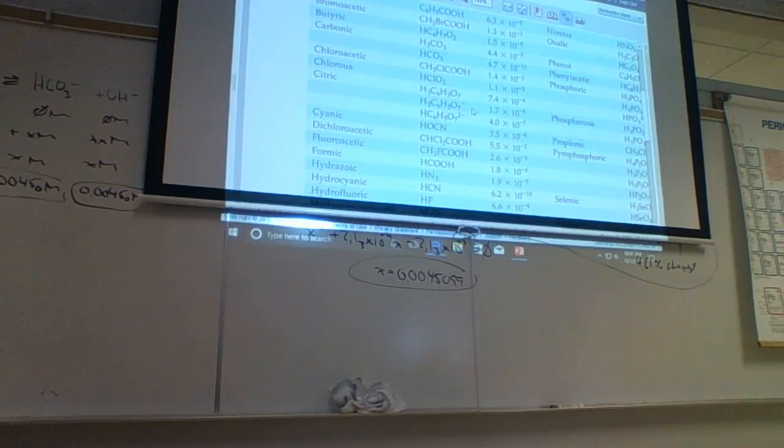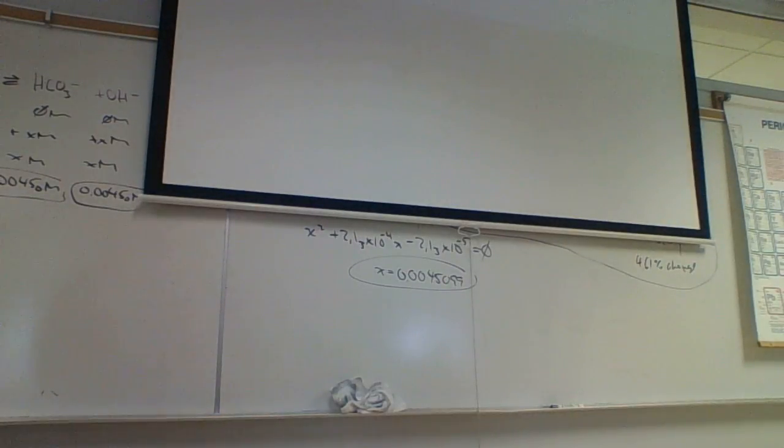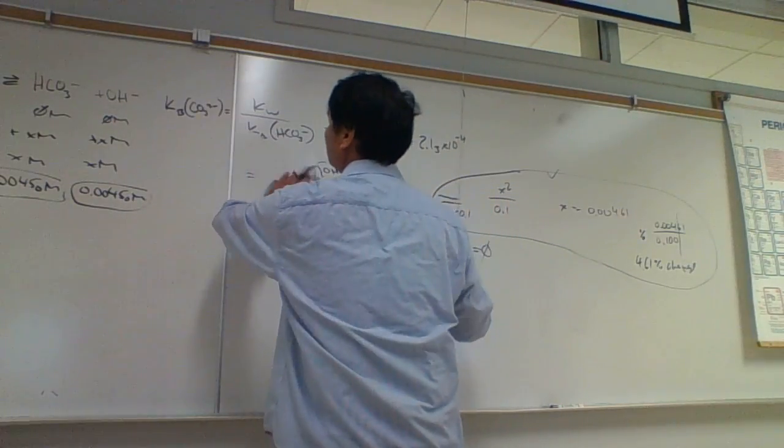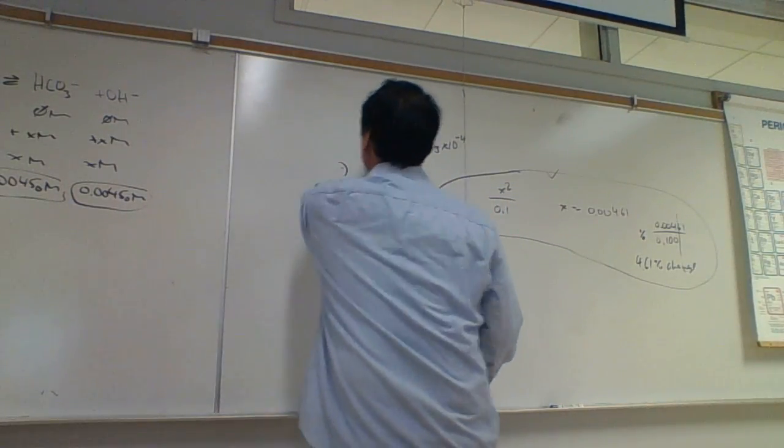And so whenever we have acid in water, we look for all the hydronium ion contributors. When we have base in water, we look for all the hydroxide ion contributors. And it turns out that we're not done with this problem yet. We're not done because we have two more potential contributors.